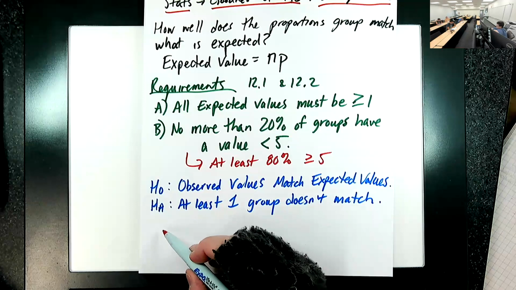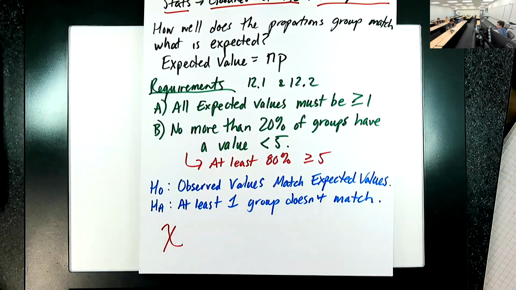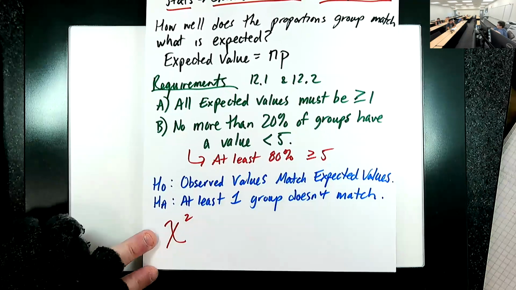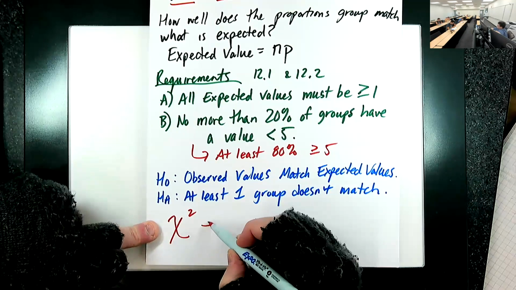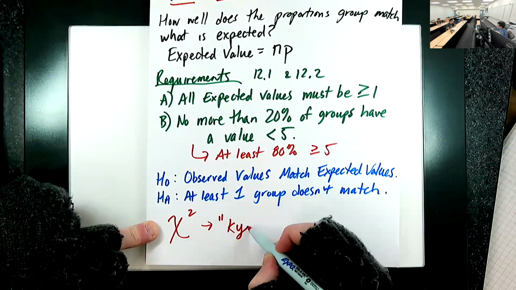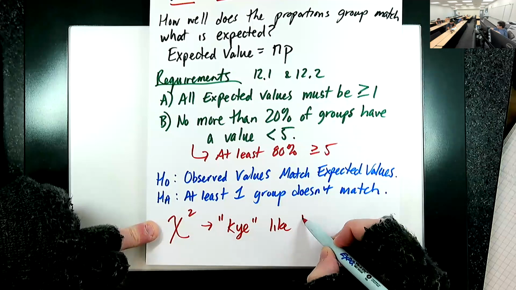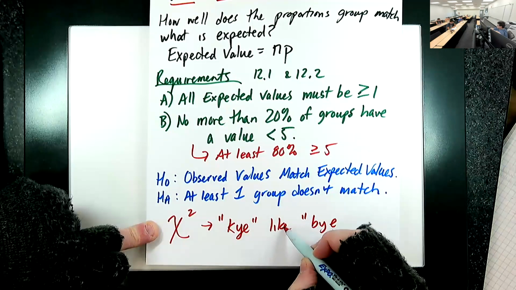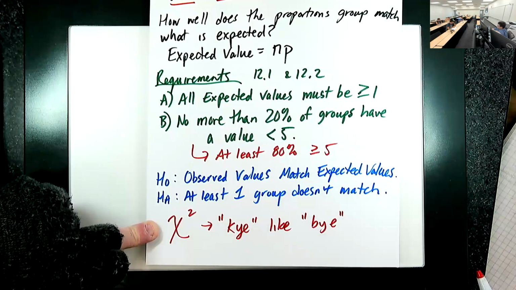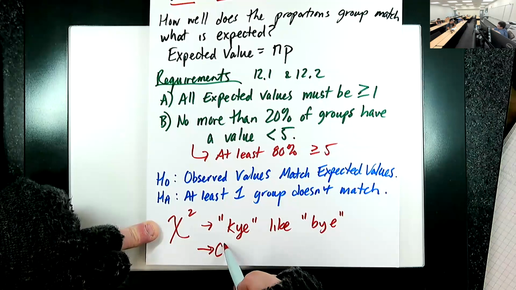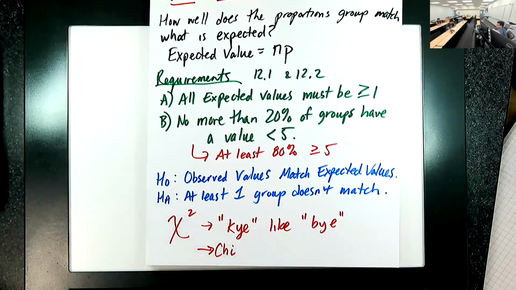The symbol for chi is this. That's chi. When we say chi-square, it's that. It's pronounced chi like the word bi, but with a K. And it's spelled CHI. It's a Greek letter.